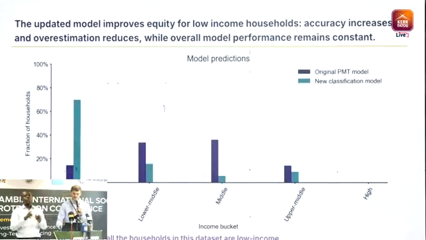What we then also see is that this updated two-step model that we developed produced a significant improvement. About 70% of the households are now correctly classified as low income, while we reduce overestimation for these middle income categories here.